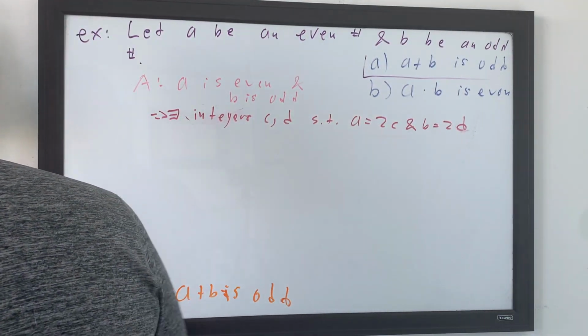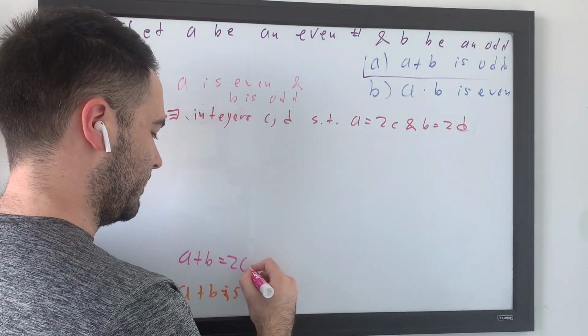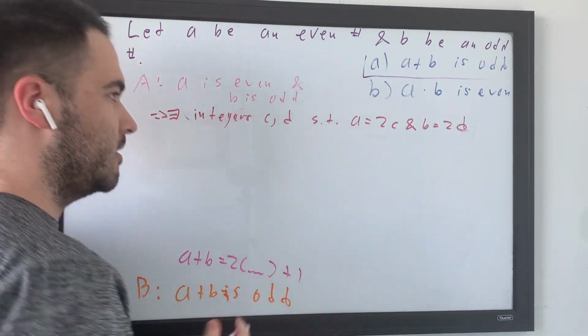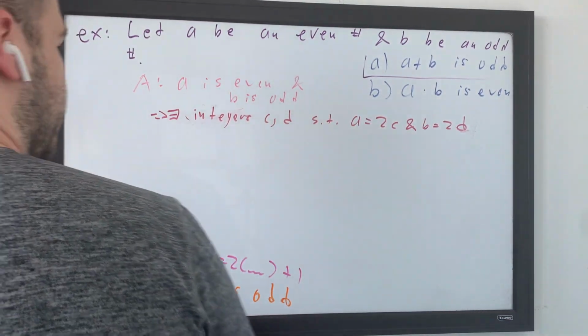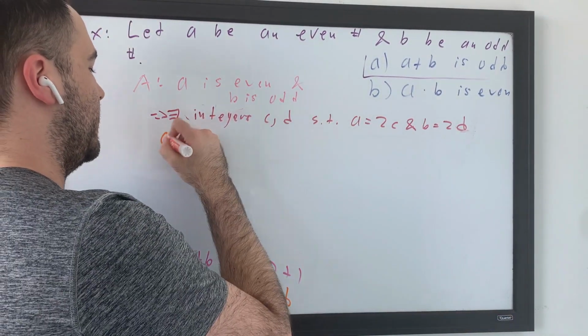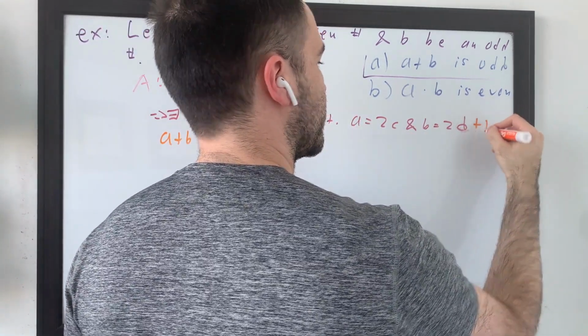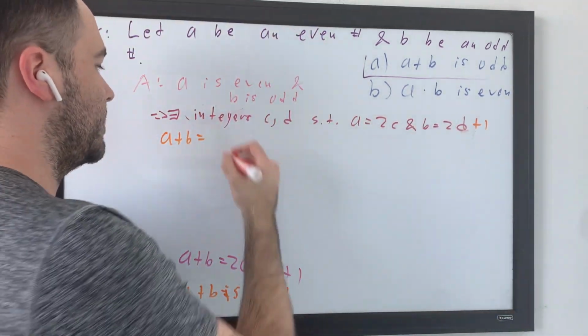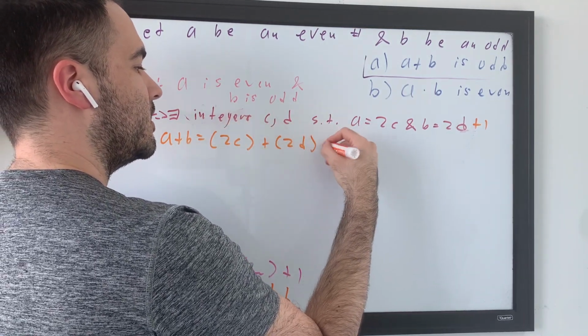And finally, since A plus B is odd, we need A plus B in some form of 2 times something else plus 1. Let's work through the math in the middle. Okay, so we have A plus B is equal to, this should be plus 1, since that is odd. Perfect. Subbing these in, I have 2C plus 2D plus 1.